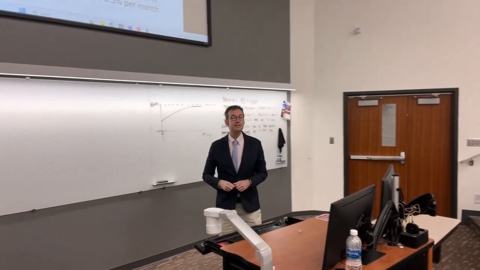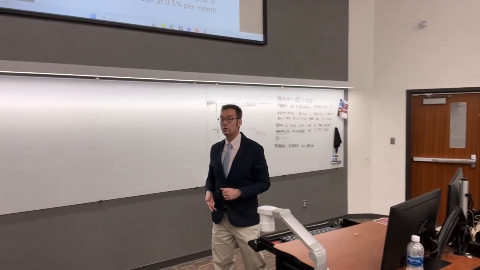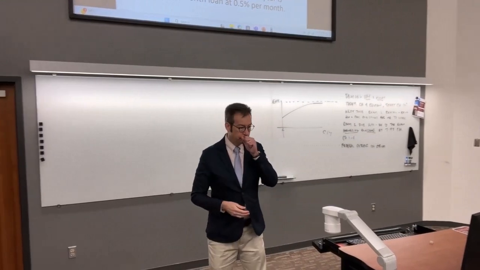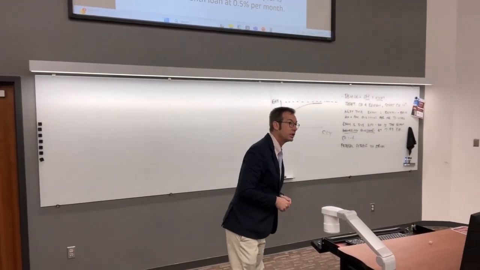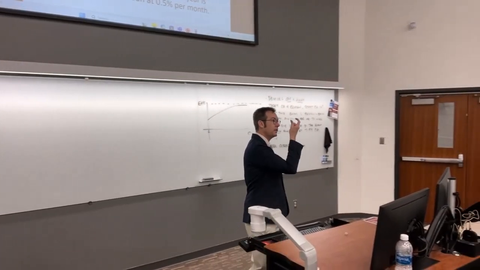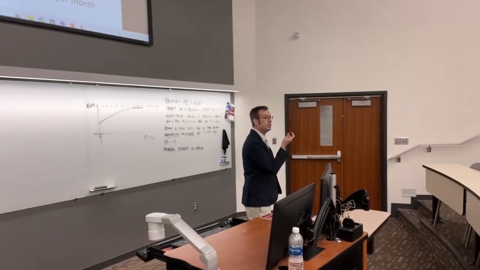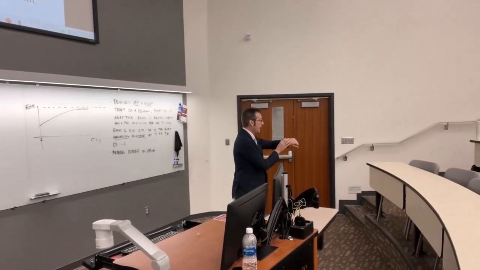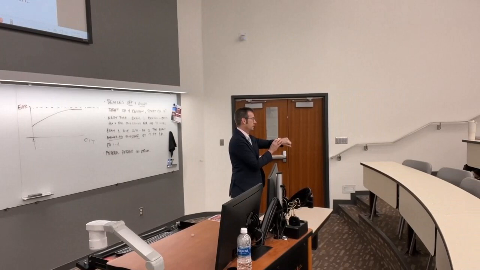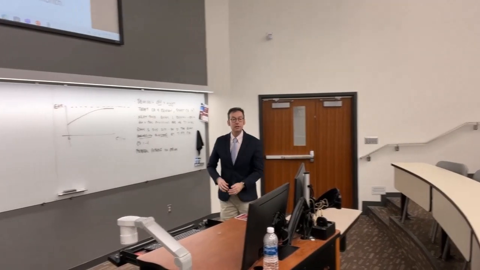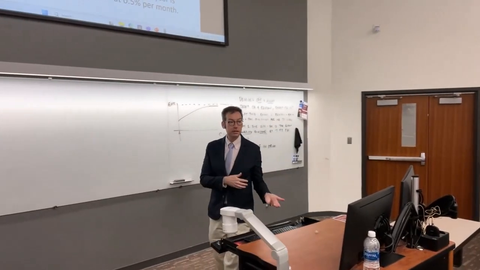Year. And that is a stated, nominal, quoted, or annual percentage rate. How much are your monthly payments? By the way, your interest rate needs to be on the same time scale as the payments, right? And so if I've got a monthly payment, I've got to have a monthly interest rate.